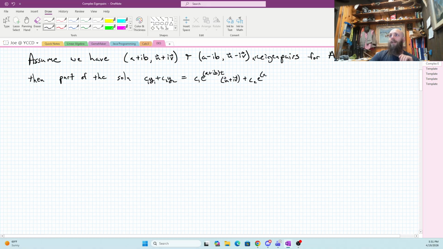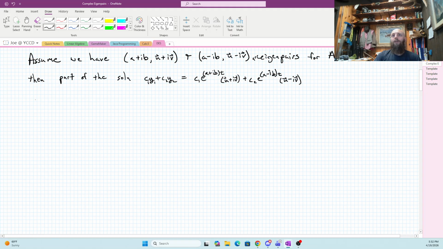This came out of diagonalization, so there's no reason for me to think that complexity matters at all here, right? So this should at least be part of the solution. And I've plugged in both my first complex pair and my complex conjugate pair, right? So I've got both my pieces plugged in.